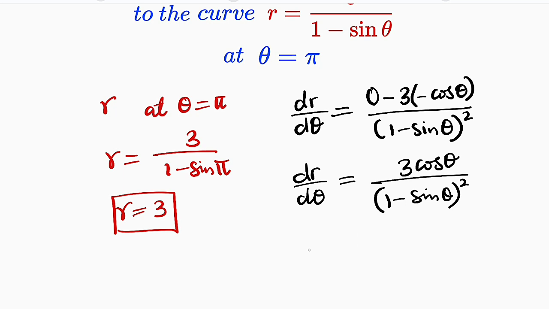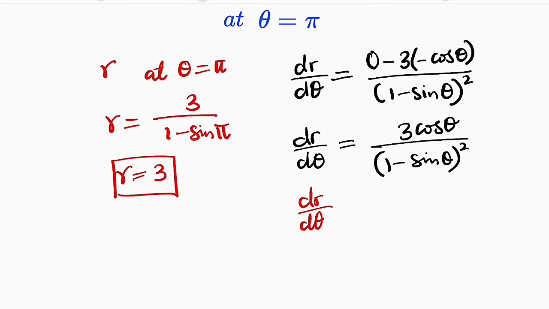So what will be the value of dr over d theta at a point where theta is equal to pi? Let us evaluate it. At theta equal to pi, to the top, cos of pi is negative 1, and negative 1 times 3 is negative 3.